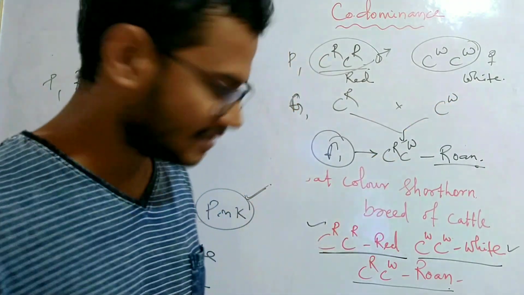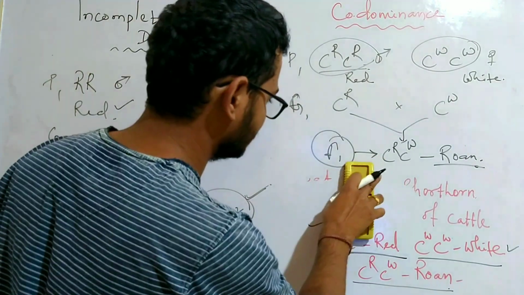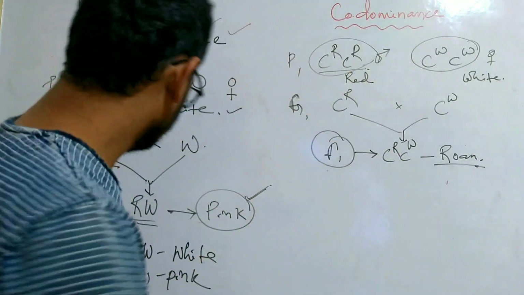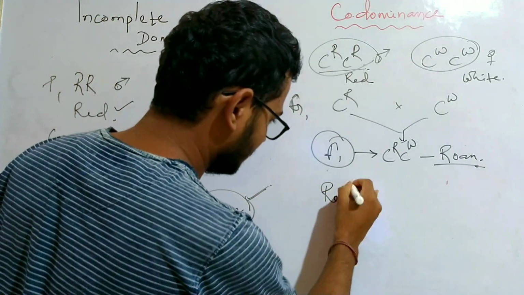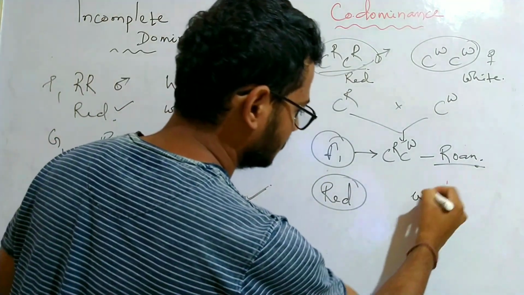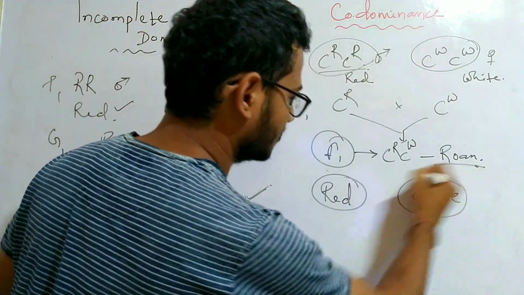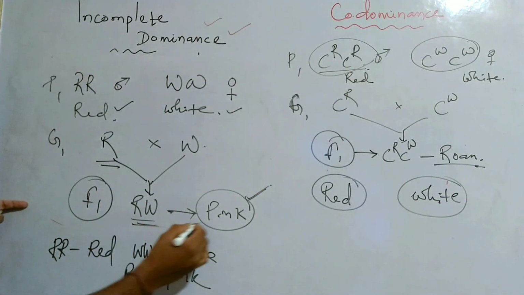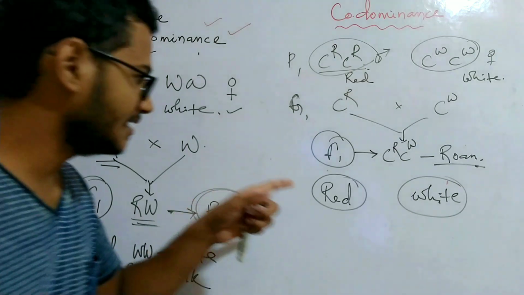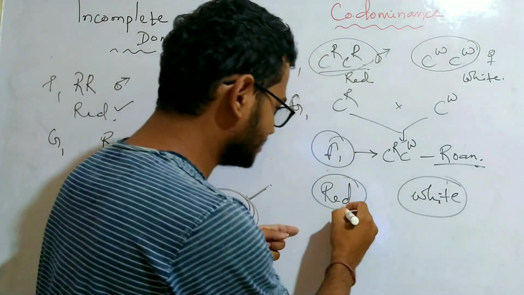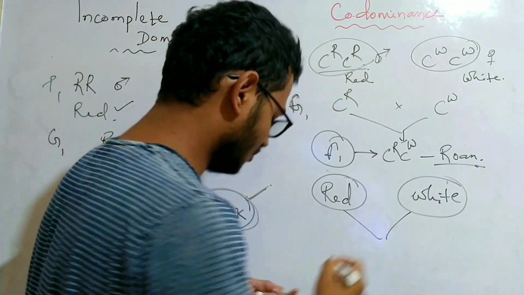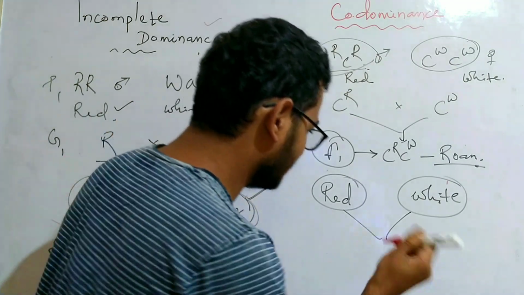If we take the case of a plant where codominance is found, we can take the fusion between a red flower and a white flower plant. In case of incomplete dominance, there was a new color, pink, but here in case of codominance, as both the characters are found in the F1 generation, it will be like this.